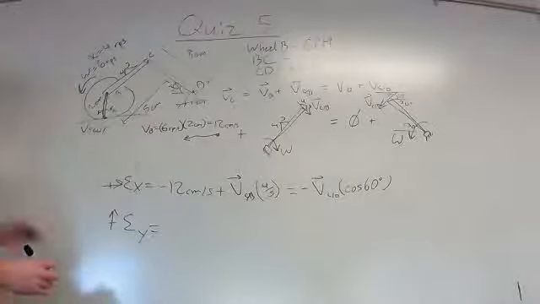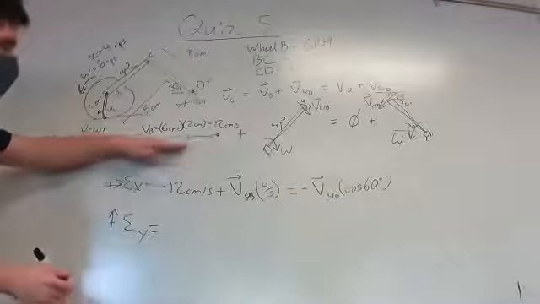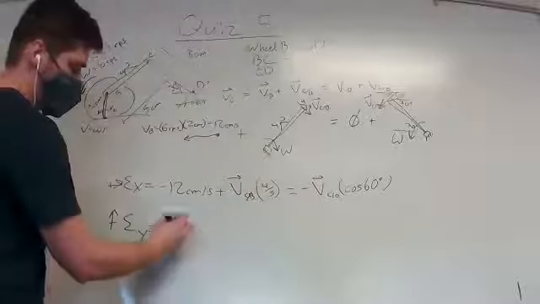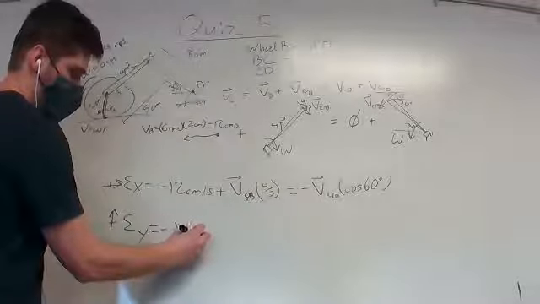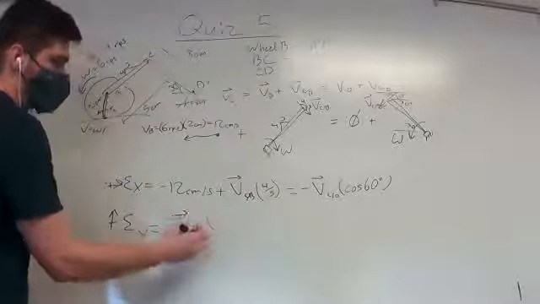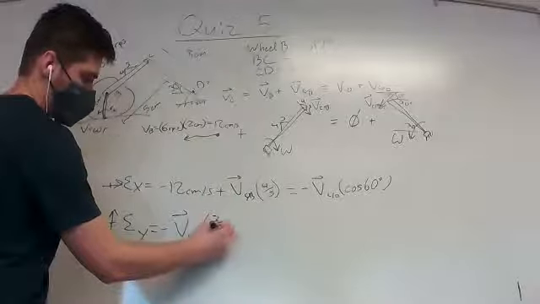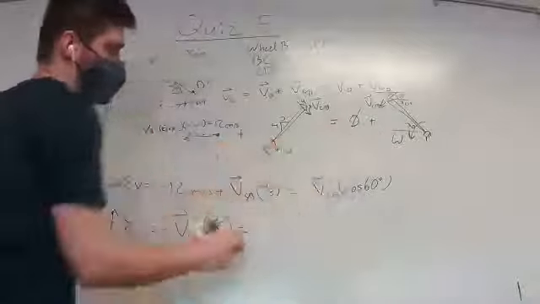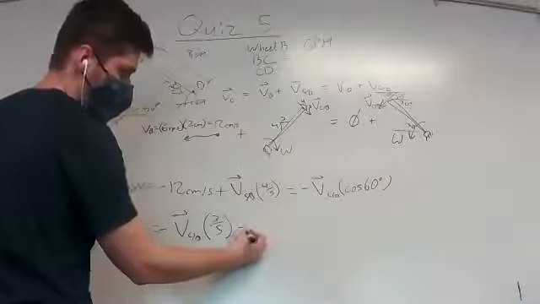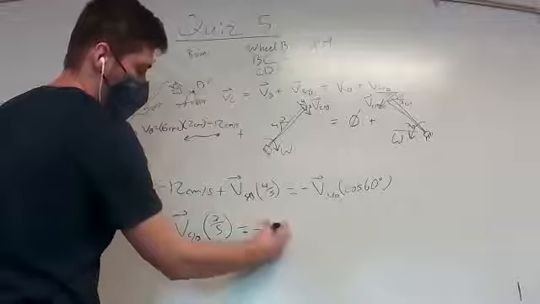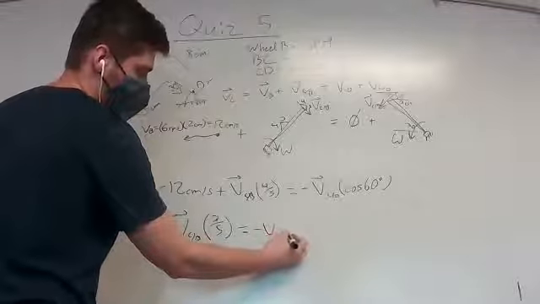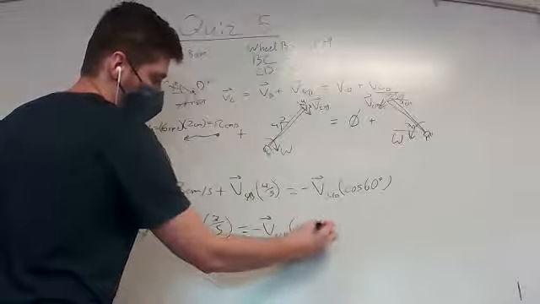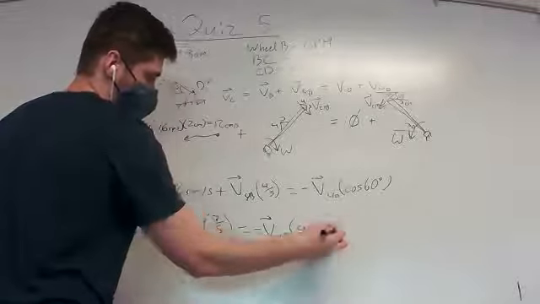So we have our first equation with two unknowns, times sine 60 degrees.